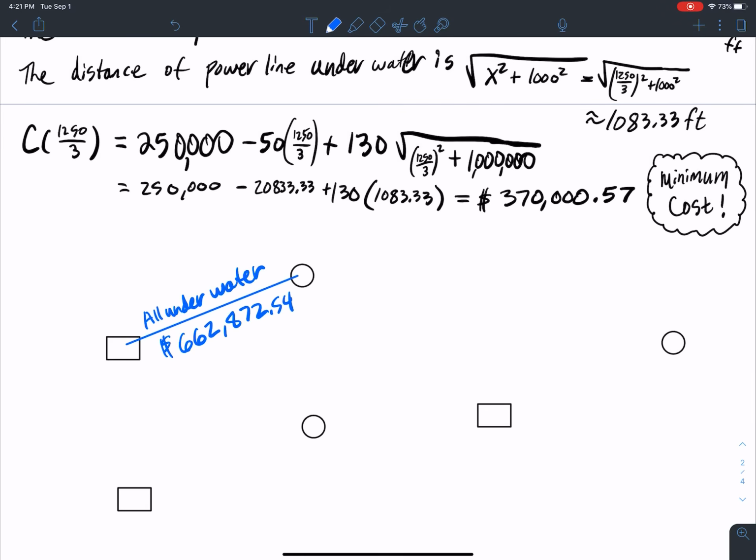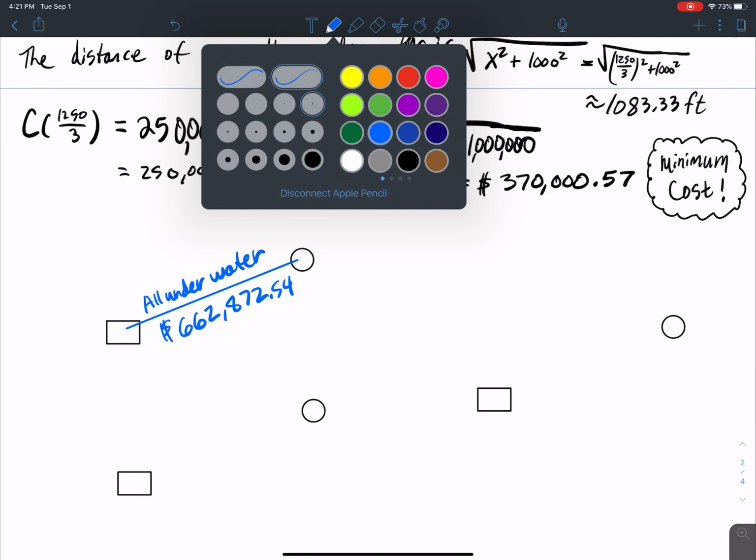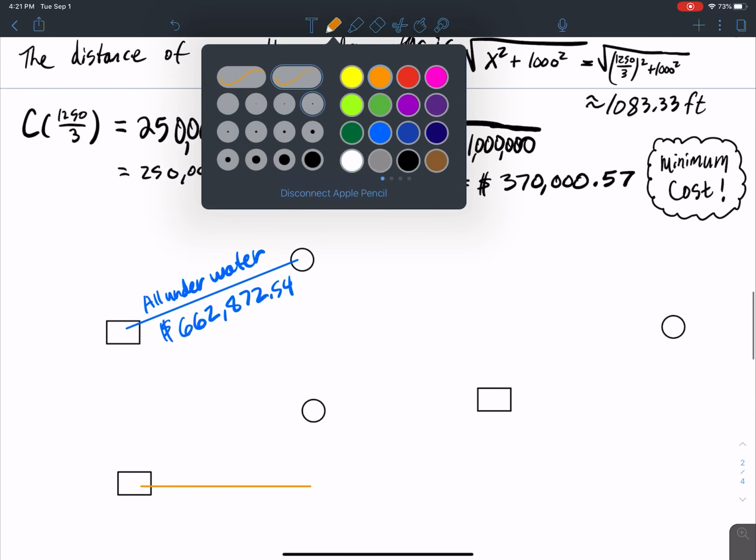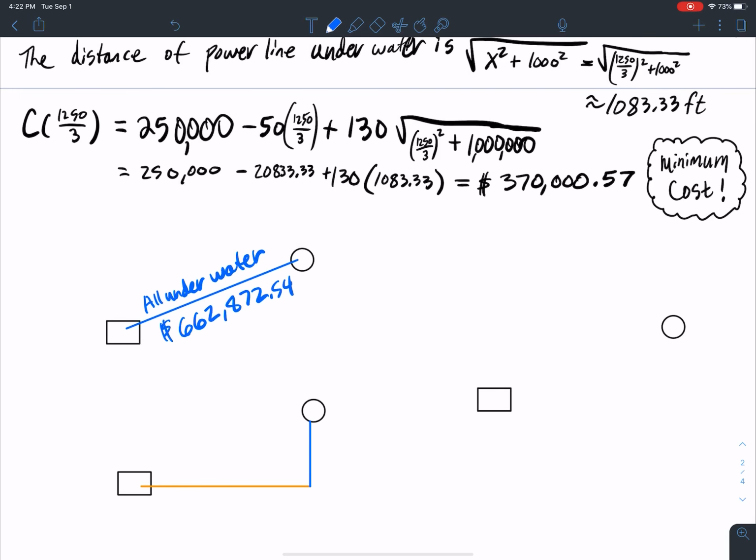The next scenario was we were on the beach as long as we could be on the beach, and then we were minimizing the amount of distance between the beach and the offshore rig, and that was 1,000 feet here and 5,000 feet on the beach.